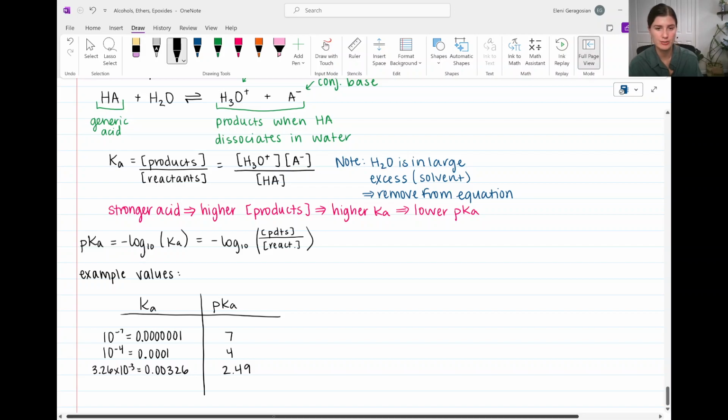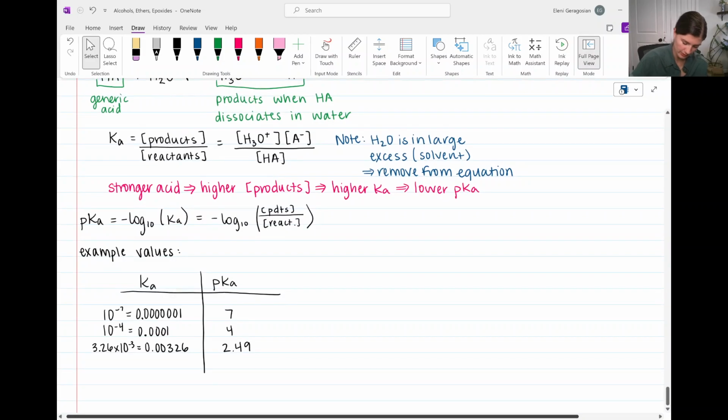Again, that's because we changed the sign taking the negative log. Now let's look at a positive. So let's say we have a large Ka, 10 to the 3, or 1,000. A large Ka greater than 1 has a pKa of negative 3. So lower pKa's are aligned with stronger acids. Higher Ka, lower pKa. Stronger acid, higher Ka, lower pKa.